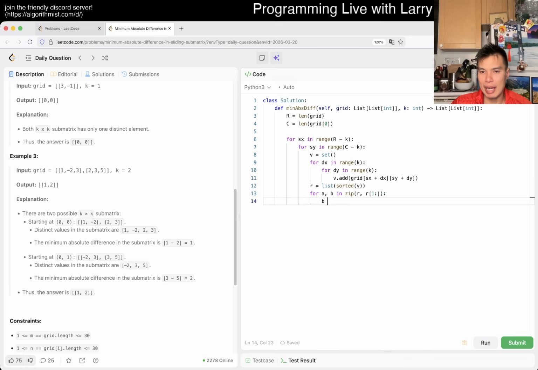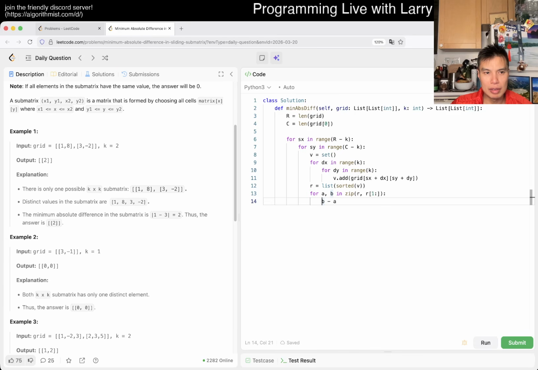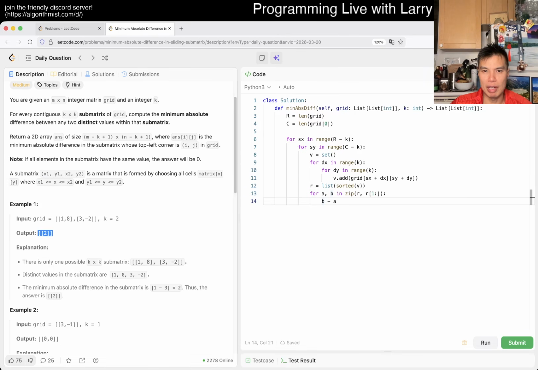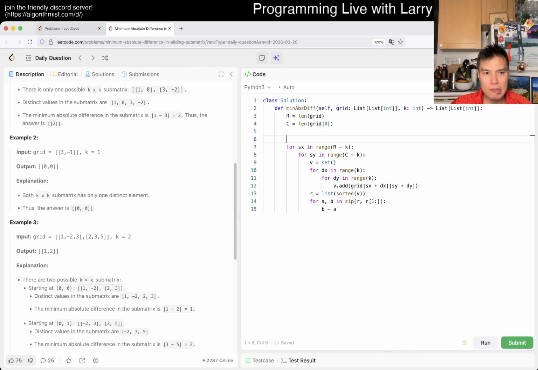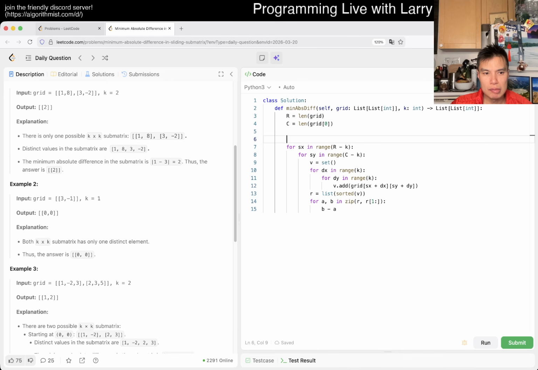And then b minus a, and then what are we trying to return? What are we returning with this? Oh, that's the answer at that value. That is kind of weird, but okay, fine.